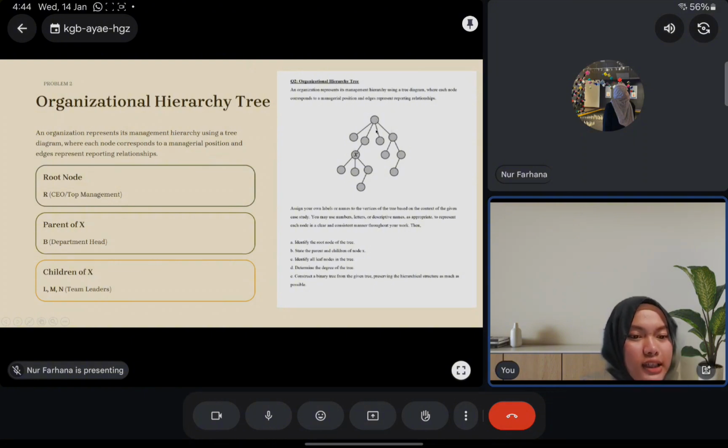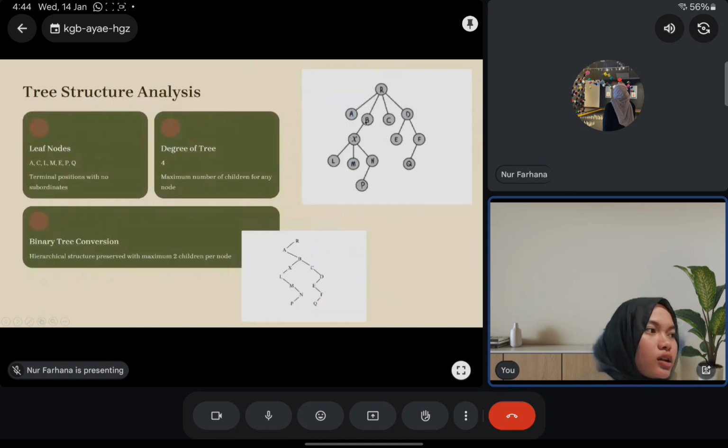Each node represents a managerial position, and each edge represents a reporting relationship between managers and subordinates. The hierarchy naturally forms a rooted tree where reporting flows downward from the top manager. So the root node is the one at the top. After we represent the nodes, the answer is R.